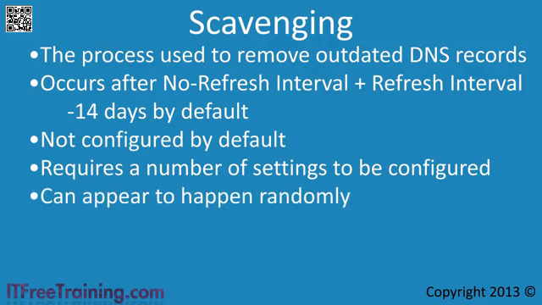Also, for this reason, scavenging can appear to happen quite randomly. It is not uncommon for an administrator to be looking at DNS and seeing DNS records that they believe should be scavenged and they are not automatically removed, but later on suddenly disappear. The next point to remember is that if your clients are not dynamically updating their DNS records, this includes resource records used by Active Directory, these will be scavenged.